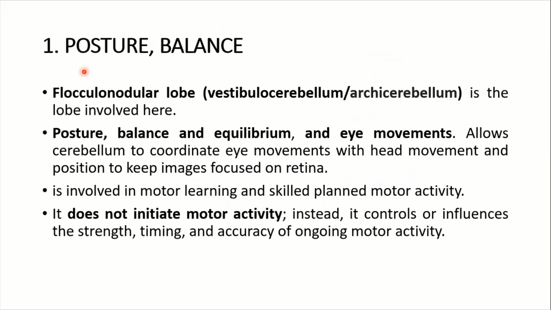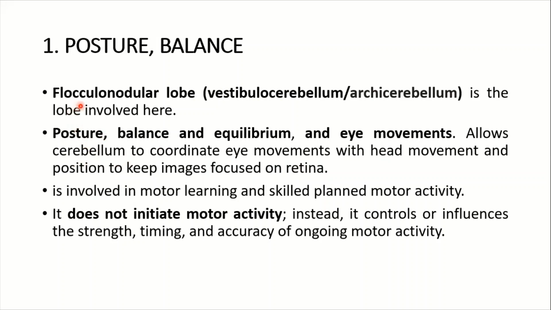So the first function is the maintenance of posture and balance. Let's study in a little bit of detail. The flocculonodular lobe, also known as the vestibulocerebellum or the archicerebellum, is the lobe involved here. Posture, balance, and equilibrium and eye movements: it allows the cerebellum to coordinate eye movements with head movements and position to keep images focused on the retina.